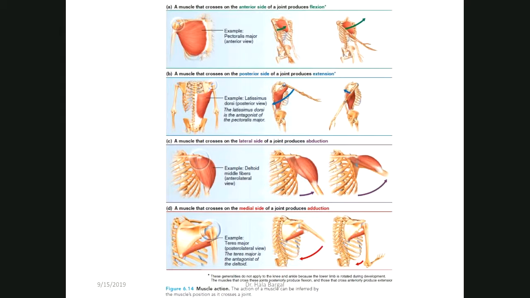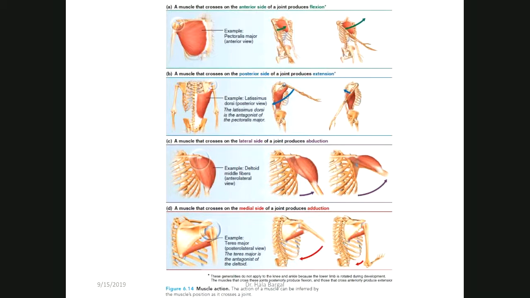Here, a muscle that crosses on the anterior side of the joint produces flexion, for example the pectoralis major. A muscle that crosses on the posterior side of a joint produces extension, like the latissimus dorsi, the swimmer muscle. A muscle that crosses on the lateral side of the joint produces abduction.